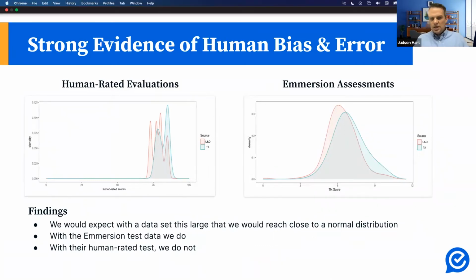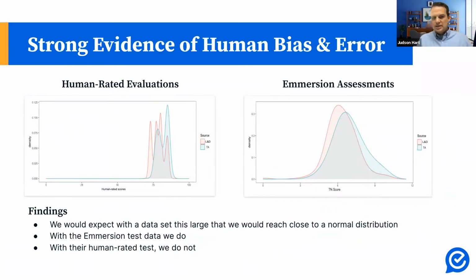These two groups, again, that division still existed between the automated solution and the human rated solution. And we do observe some differences between these two groups. The talent acquisition group is a little bit higher in their ability. The language and development group is a little bit lower, but not nearly to the extent that we would have thought those two groups were the same when we look at the human rated process.